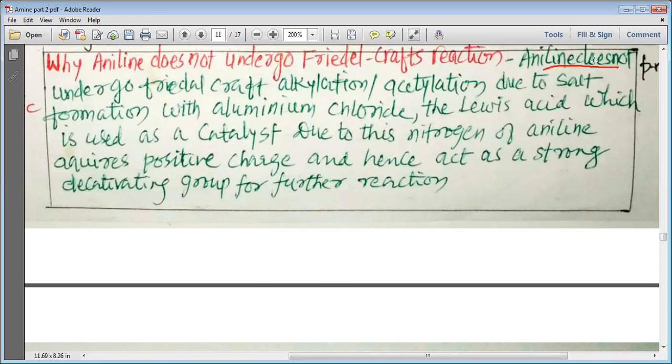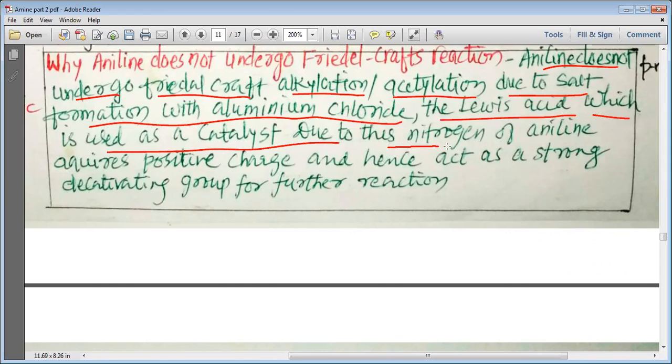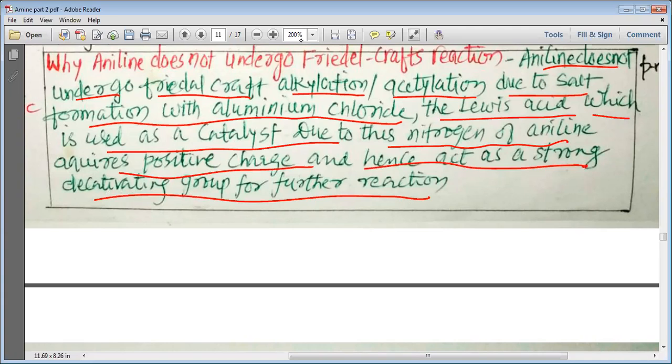Aniline does not undergo Friedel-Crafts alkylation or acylation due to the salt formation with aluminium chloride. The Lewis acid, which is used as a catalyst, due to the nitrogen of aniline acquires positive charge and hence acts as a strong deactivating group for further reactions.